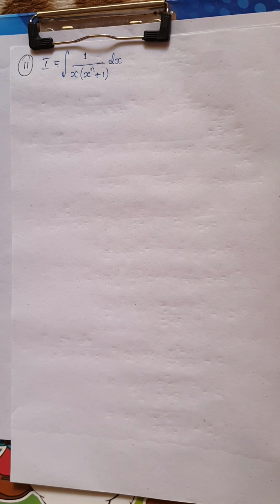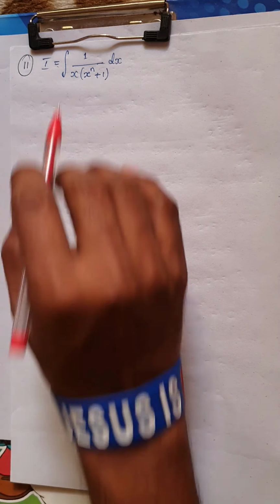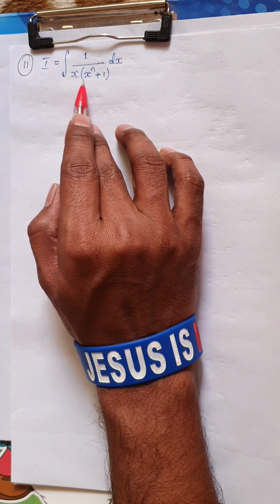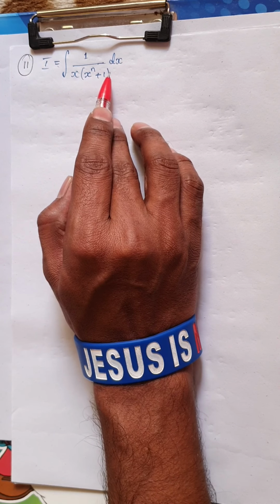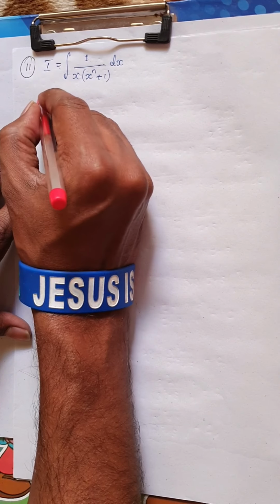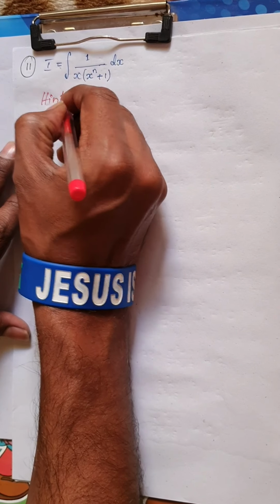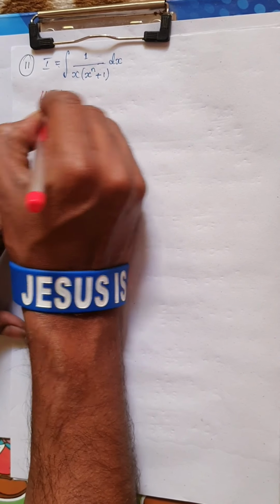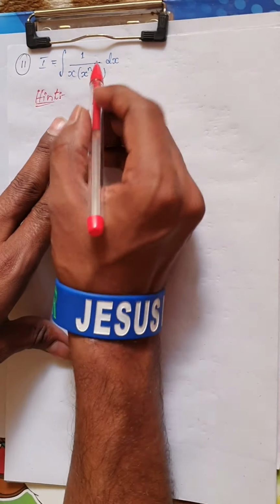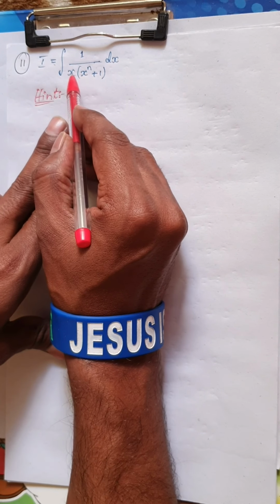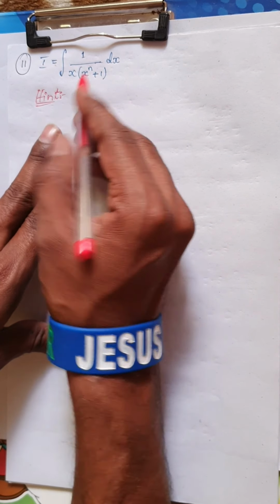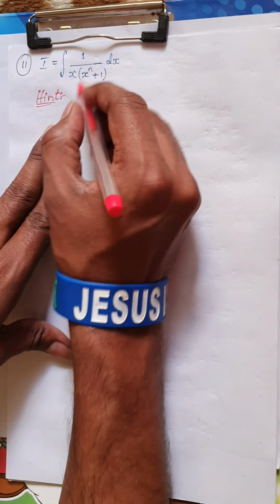The next question is the integral of 1 divided by x into (x power n plus 1) dx. Students, when you have questions of this form, I will give a small hint. Whenever you have x power n and just x here, and the numerator is 1, you multiply and divide.